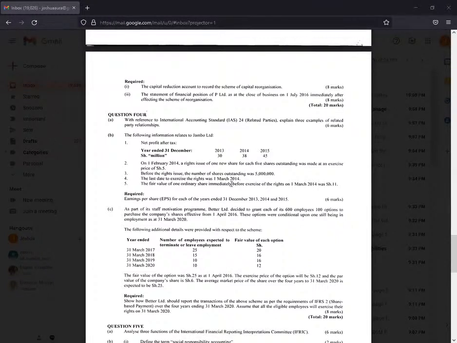Note number 4 is noise. I'll delete it. They're simply putting it there to confuse the easily confusable students. Note number 5, the fair value of 1 ordinary share immediately before exercise of the rights on 1st March 2014 was shillings 11.